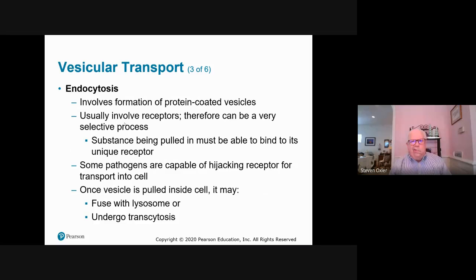Endocytosis involves the formation of vesicles that are coated with protein. It is very selective. It involves receptors. Substances being pulled in must be able to bind to its unique receptor.